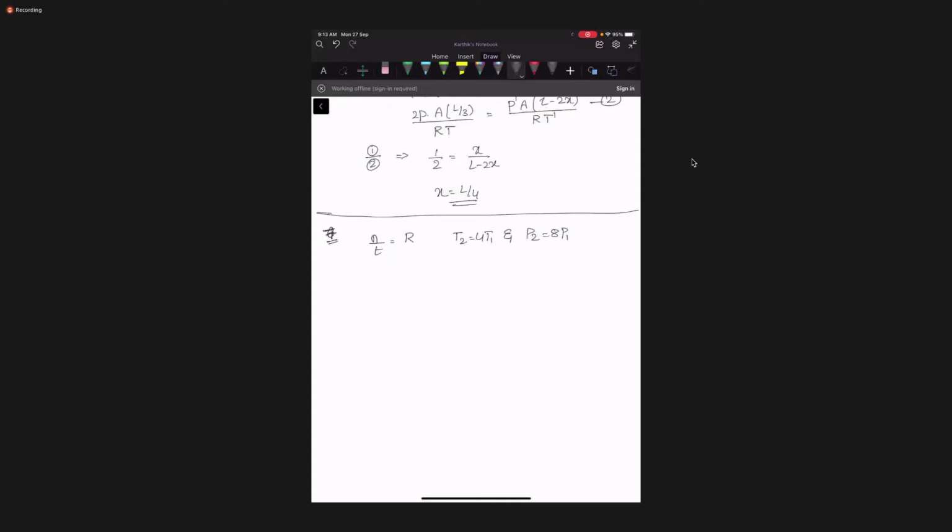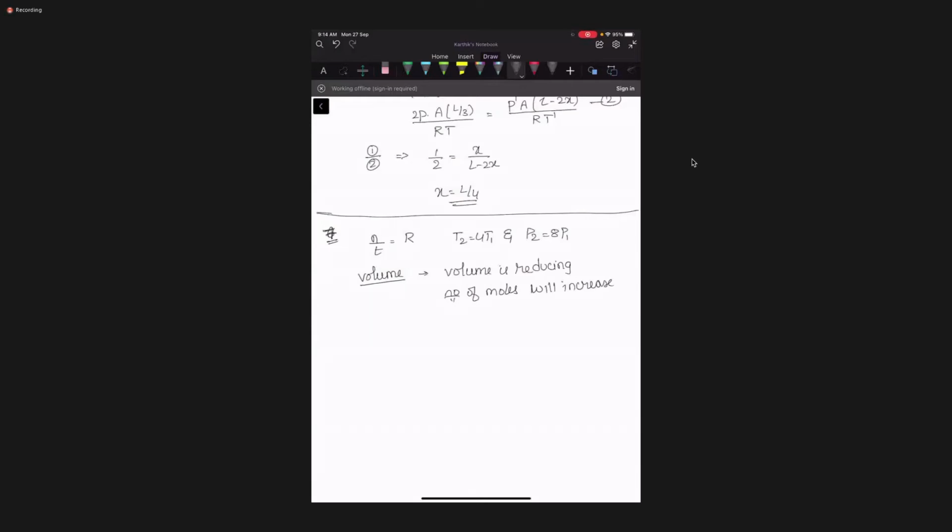I'm going for the concept of volume here. If volume is reducing, the number of moles escaping will increase, isn't it?